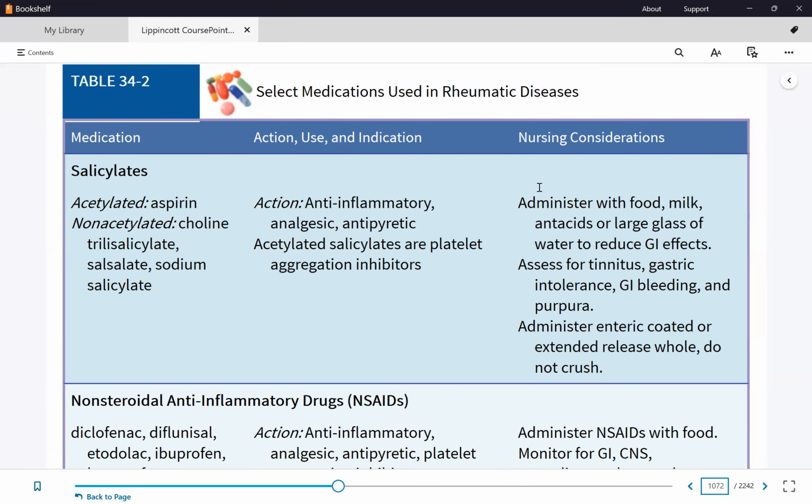All the drugs listed here. Anti-malaria? Yes, hydroxychloroquine. Yes, we have to know all these for the next exam. What is the next exam? Week 9, March 7.